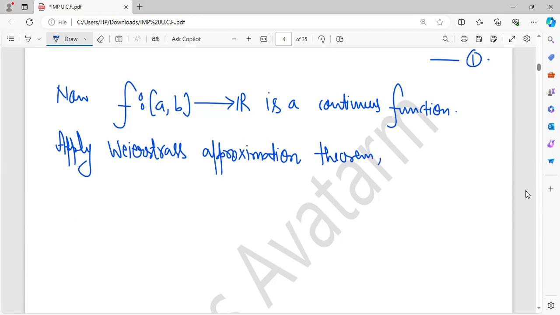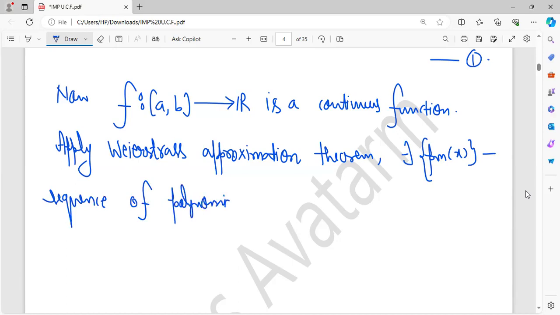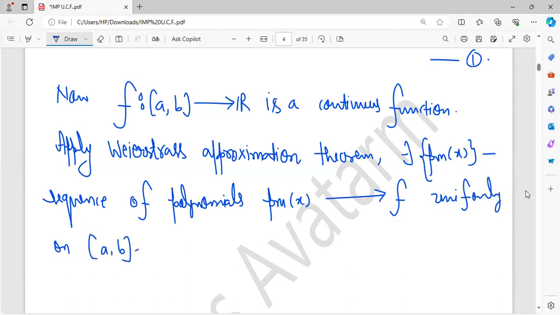So by Weierstrass approximation, there exists a sequence p_m of polynomials converging to f uniformly on the closed interval [a, b].